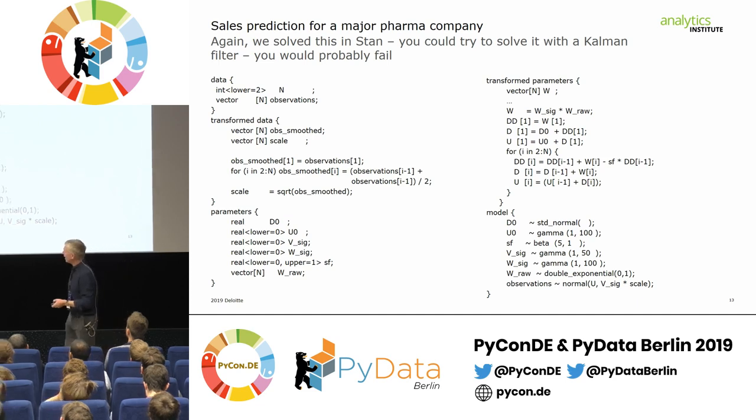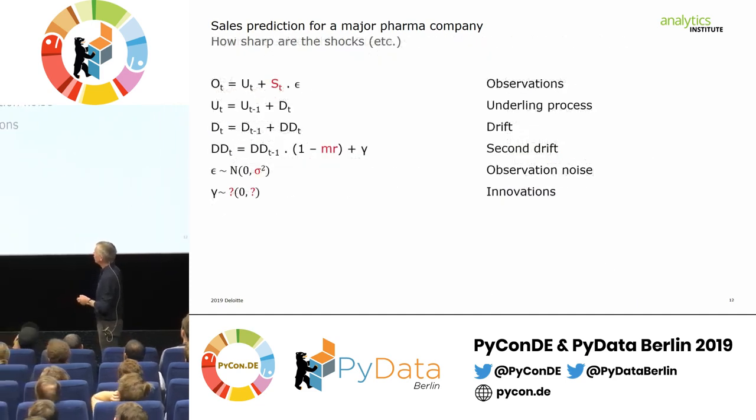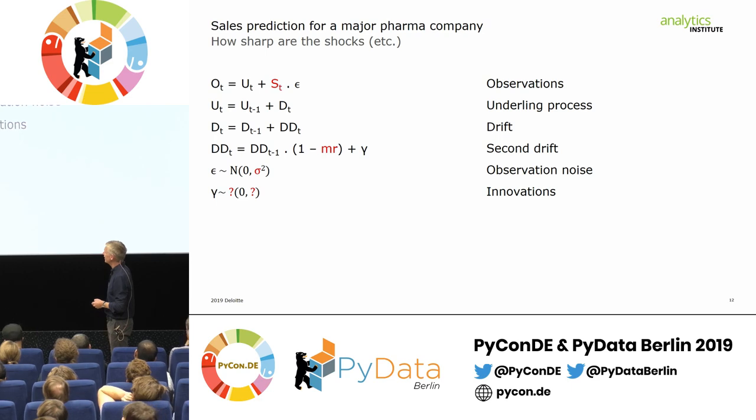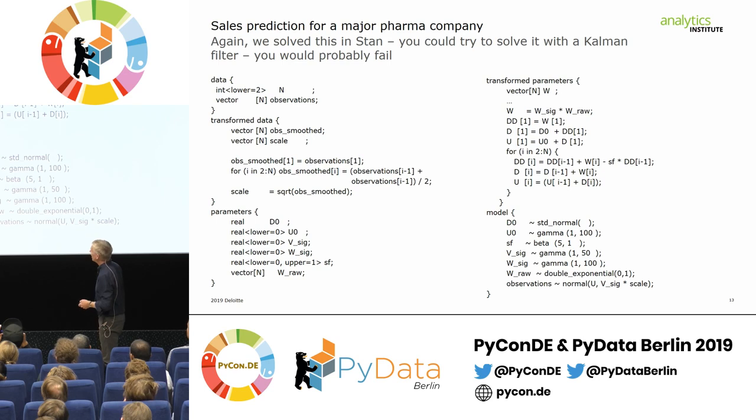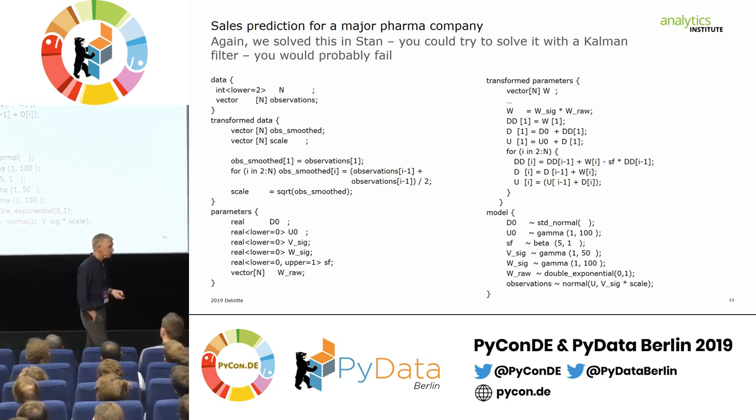Theoretically, almost all of this you could set up in a standard state space model package, solving for maximum likelihood using some sort of a Kalman filter. In practice, if you attempted to solve this model using a Kalman filter, I am confident you would fail. There's just too much going on.